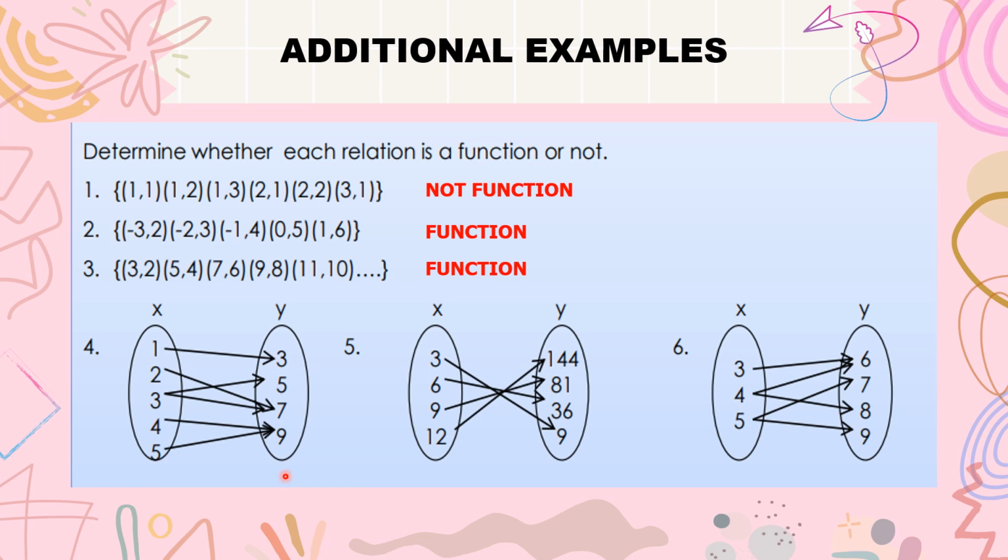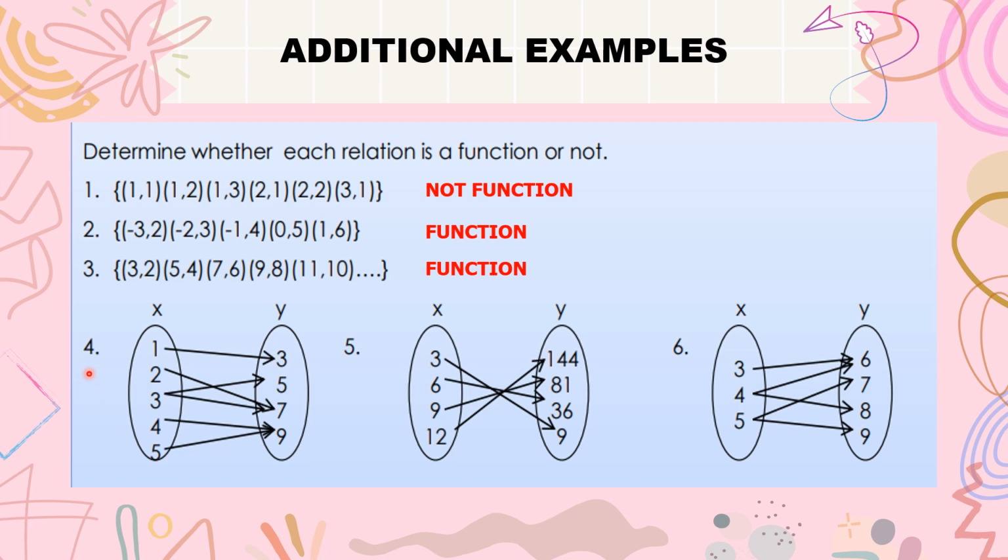Meaning to say, one-to-one or many-to-one relation siya. Pero kapag twice or thrice or many times siya ma-pair sa mga y values natin, it is no longer a function. Meaning, one-to-many relation siya.